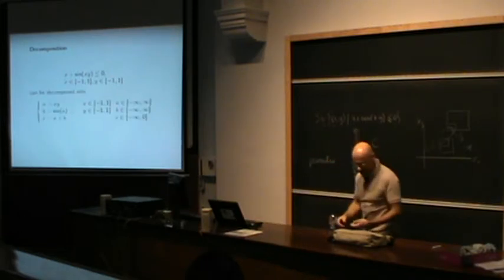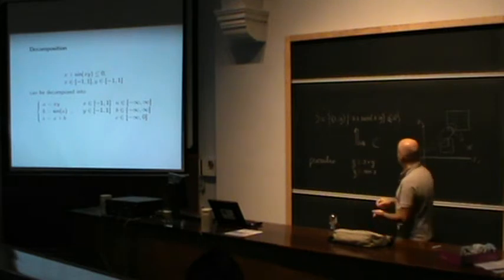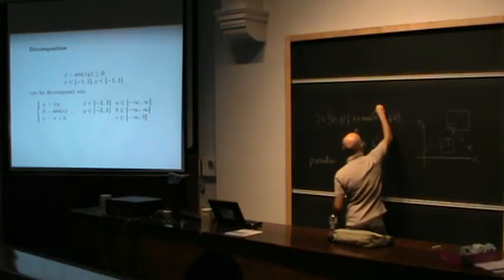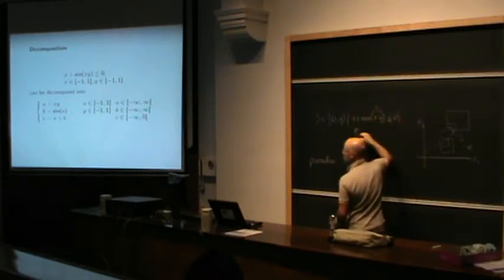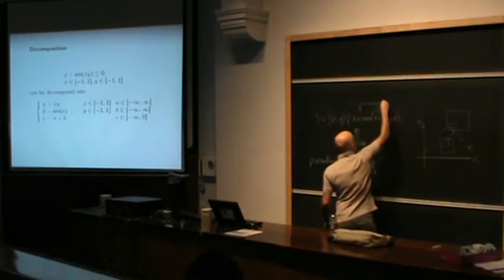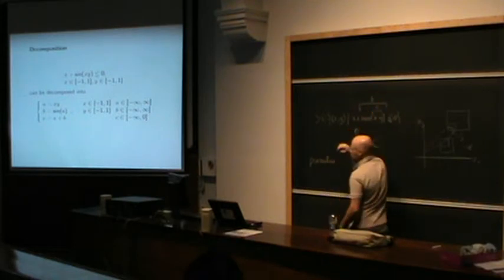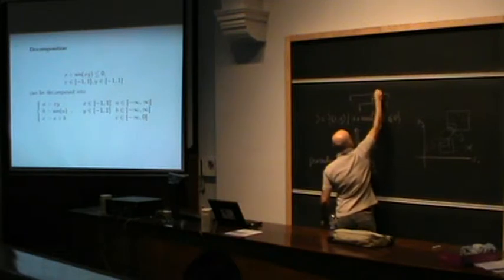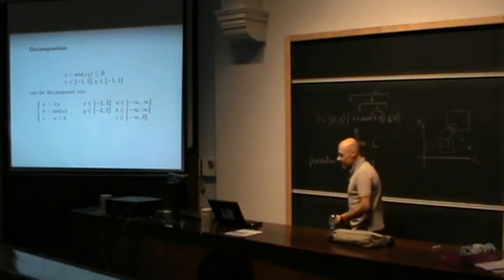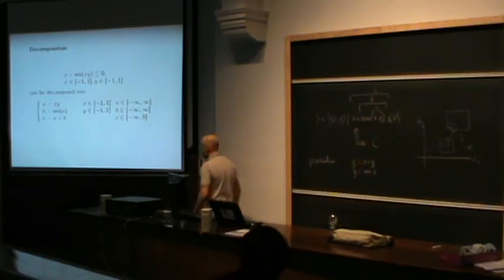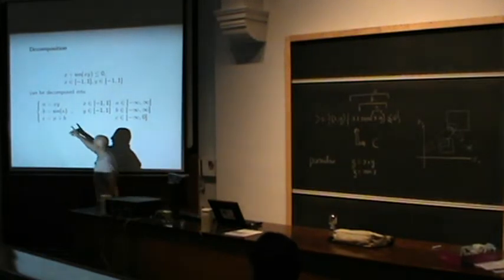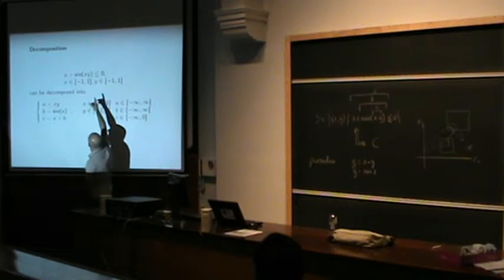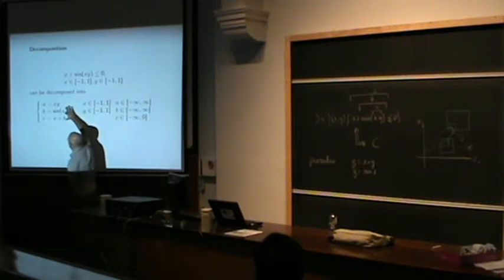I add intermediate variables. For instance, I will say that this one corresponds to A, this one corresponds to B, and this one corresponds to C. So I will add new variables A, B, C, and I will transform one constraint into three constraints.